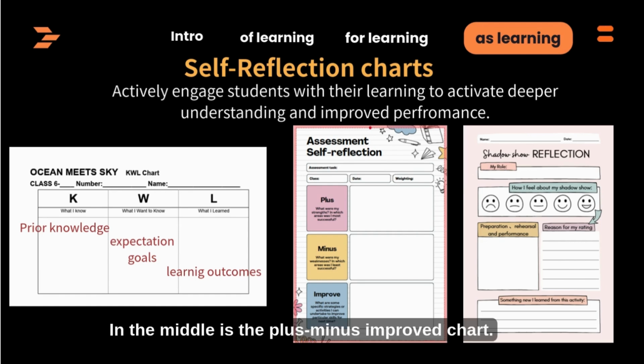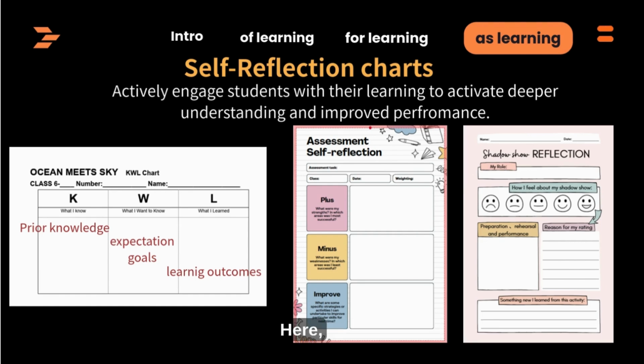In the middle is the plus-minus-improve chart. Here students reflect on what went well, what didn't, and what could be improved next time. It encourages honest reflection and practical goal setting. On the right is the performance reflection sheet.